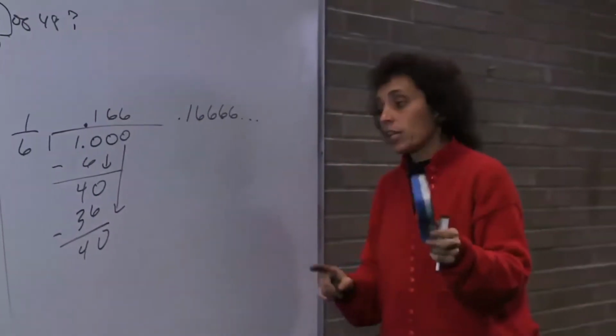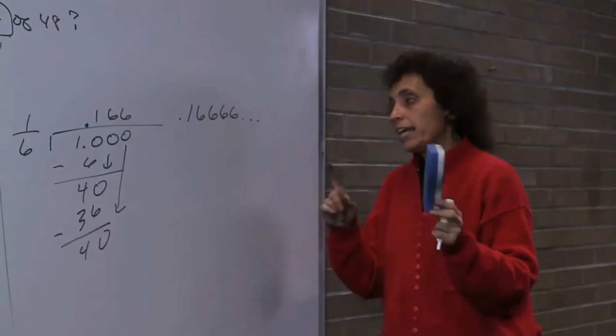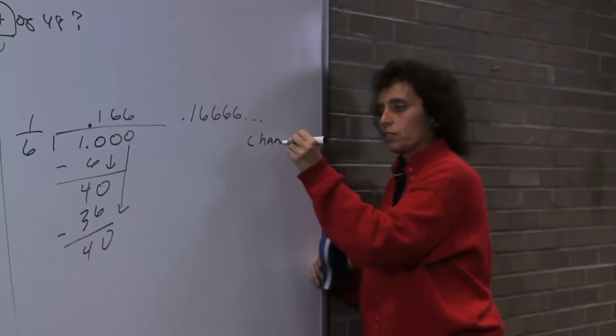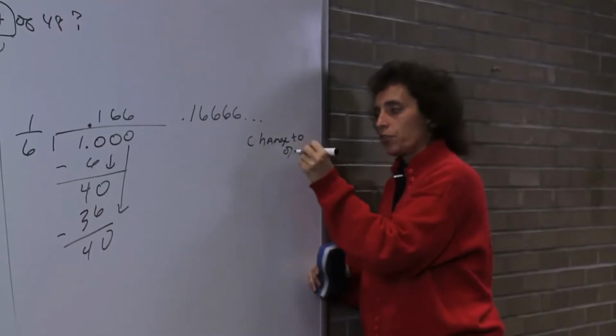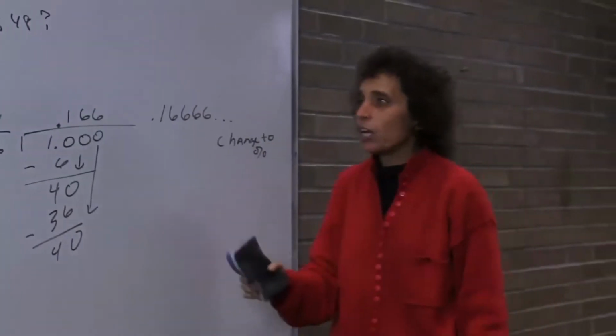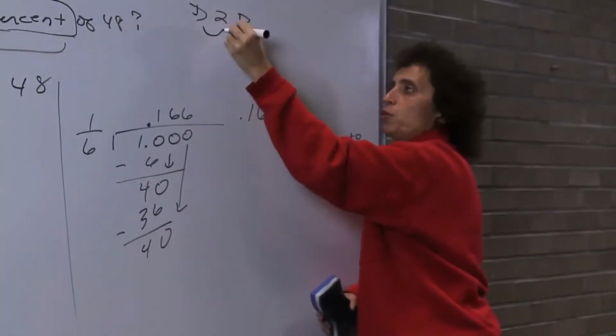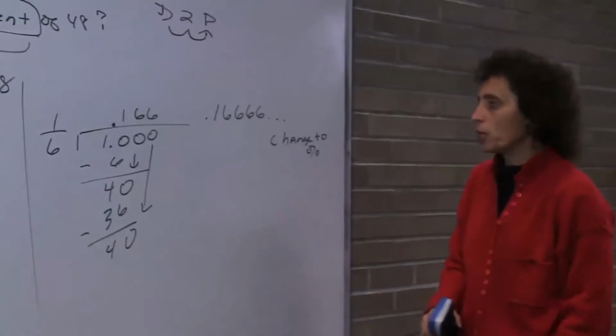Here's the deal first. Let's change this to percent first. To change it to a percent, remember, decimal to percent, I have to move 2 places to the right because I'm multiplying by 100.